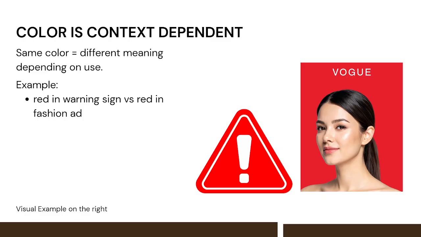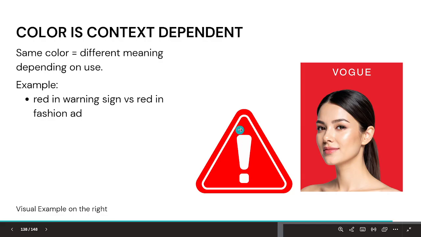So color is context dependent. We can have the same color but different meaning depending on the use. An example here is red in a warning sign versus red in a fashion ad. The red in this first visual is a warning sign explaining caution, telling us to stay away from harm or danger.